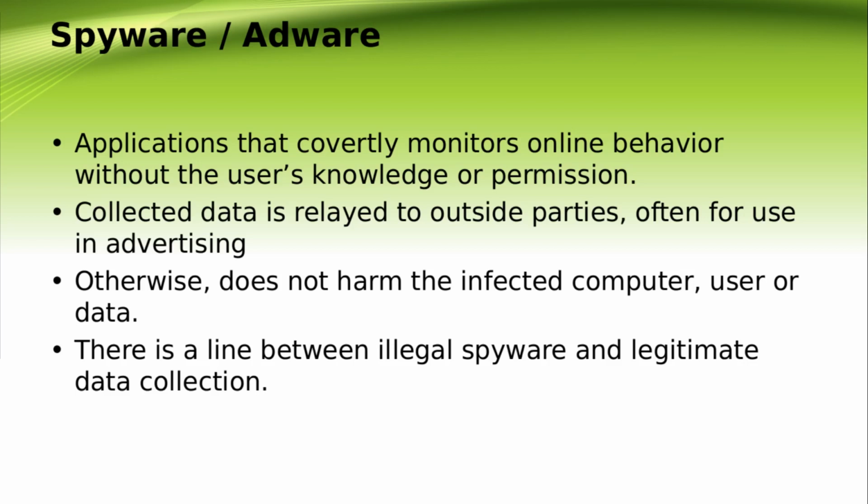The browser homepage changes, and you might not be able to reset it. Web pages are automatically added to the favorites list. This kind of result will happen if spyware or adware exists on the victim computer. So let's go for the next.